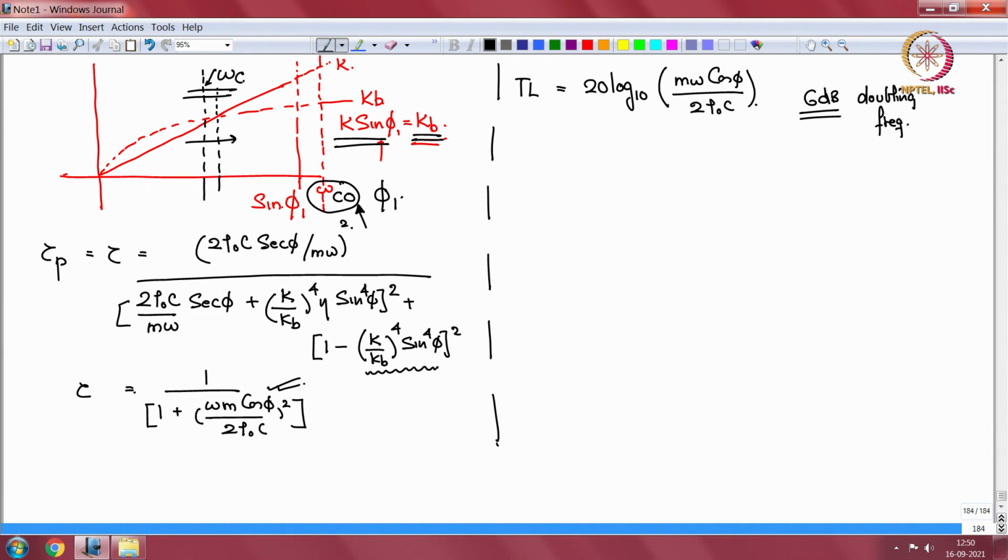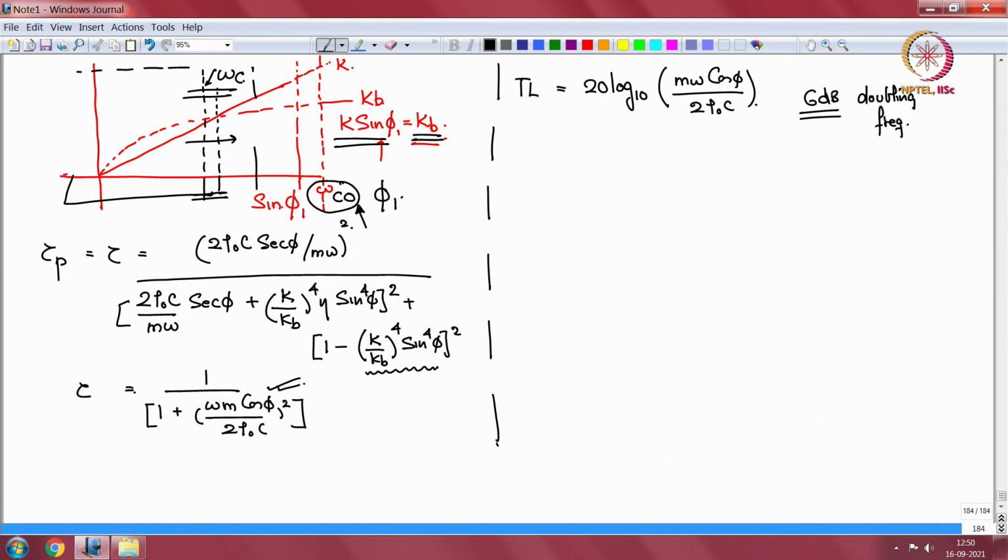Now as I said, low frequency can be taken in two ways for a given phi. If you are above the basic coincidence, then there is a good enough range where we call low frequency, because at a certain phi the coincidence frequency is higher.